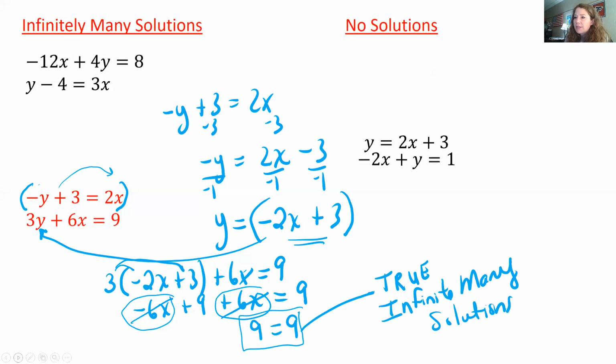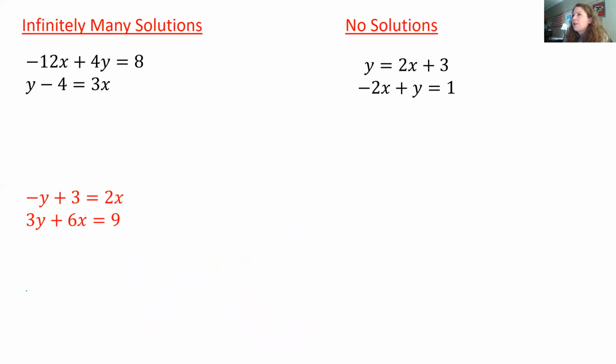All right, let's see what else we got here. Now this one's already solved for x. This one's already, no, it isn't solved for y. I need to pay attention to what I'm saying today. All right, so this one, since it's already solved for y for us, we're going to plug this into the second equation for y. So we're going to write negative 2x plus y.